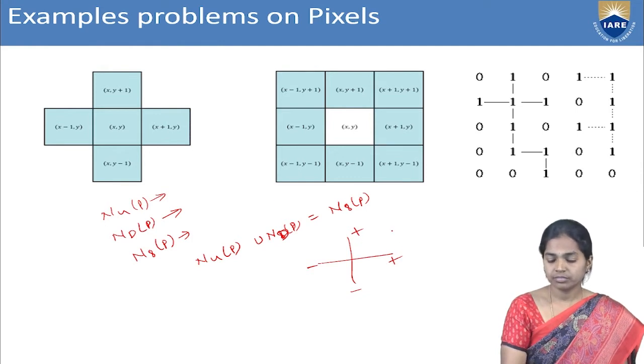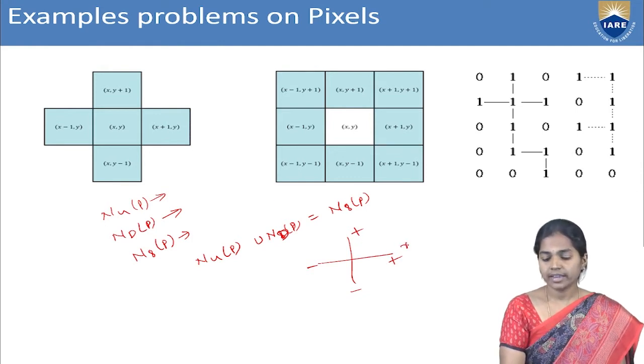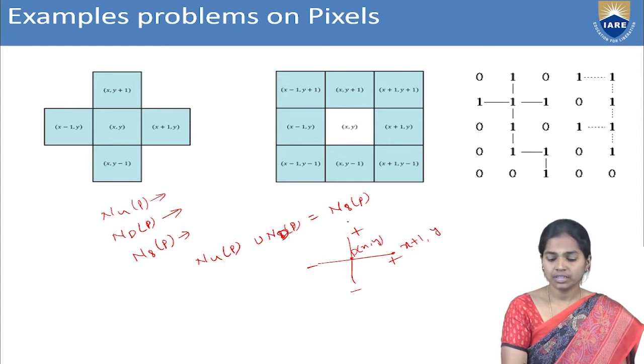From this side, this is x plus 1. What is the next pixel? The point we represent as p of x comma y. The next pixel we represent as x plus 1 comma y, here it is plus only in the positive direction. On this side, x comma y plus 1.